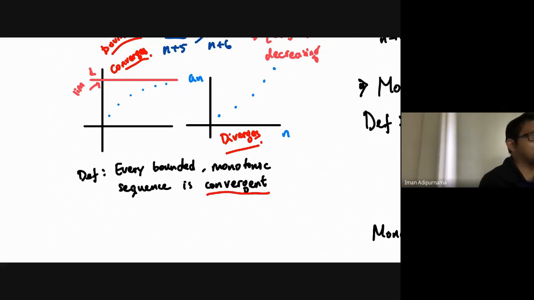We need to state two conditions: the sequence is monotonic, and the sequence is also bounded. Based on these two terms, we can conclude that it will be convergent.